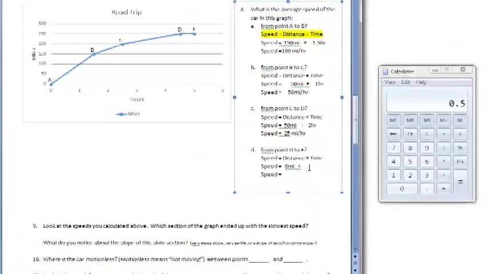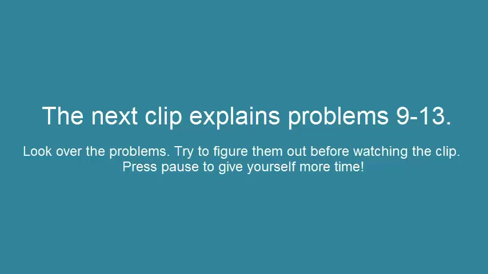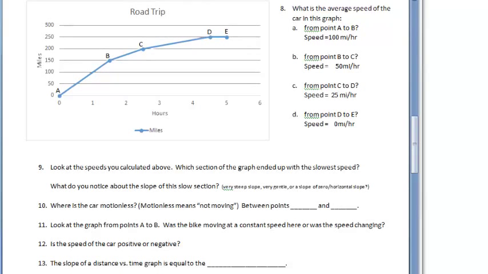So between points D and E, 0.5 hours passed. When we divide that, we should end up with 0 miles per hour. Look at the speeds that you calculated above for problem 8. Which section of the graph ended up with the slowest speed?